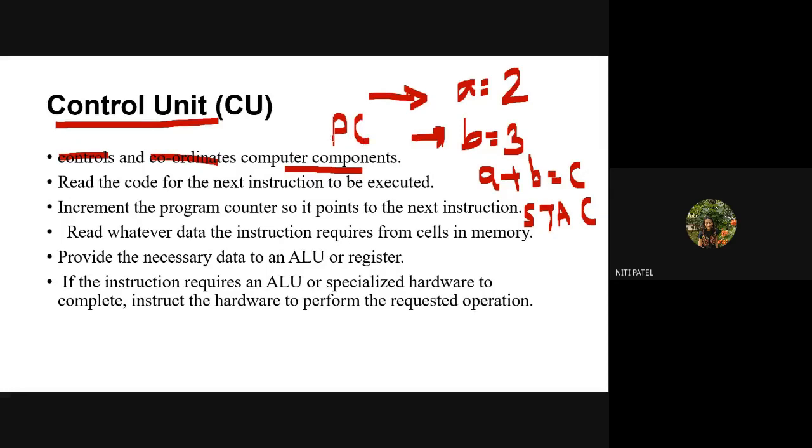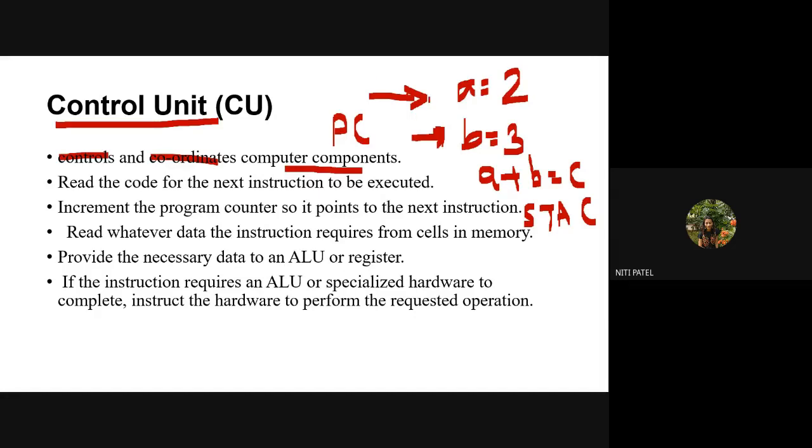So what is this program counter? It moves the pointer to the next instruction to be executed. I repeat again, if you all want, you can write down in your notebook. What is program counter? It is used to point to the next instruction which is going to be executed by the system. That is what is called program counter.